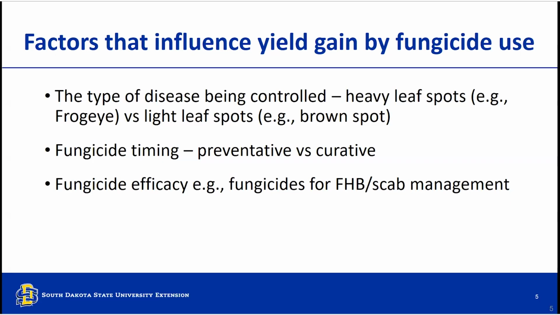For example, with Fusarium head blight or scab in wheat, we have DON levels. If we apply a strobilurin family fungicide to control Fusarium head blight, we see higher DON levels. We don't see more symptoms out there; it's just that the mycotoxin level gets exacerbated. So those are things to think about in making some of those choices.